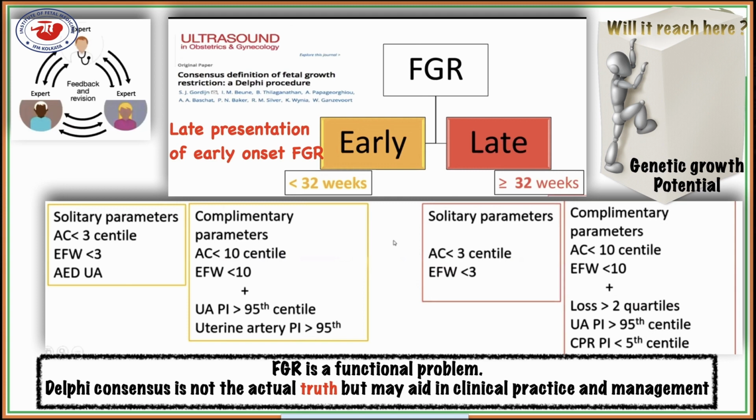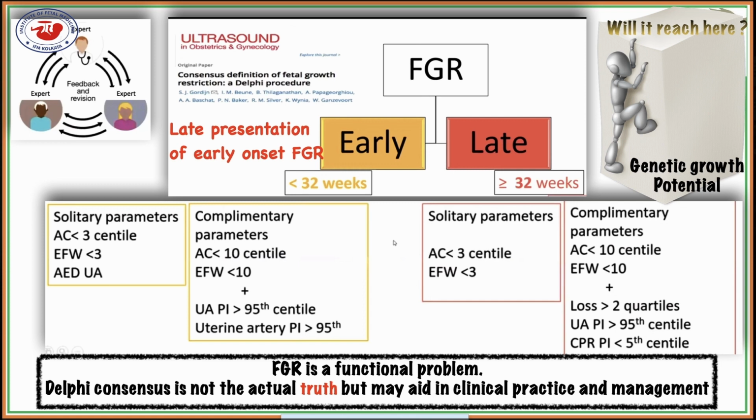When we are serially or longitudinally following up the biometry and seeing changes, then we understand that, okay, this was traveling at the 50th percentile, but now suddenly it is showing a drop to the 10th or 15th centile. It was going very well at 40-50, so why is it coming to 10 or 15 centile? There is definitely some problem in that fetus.